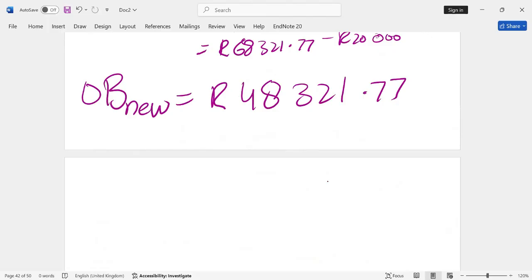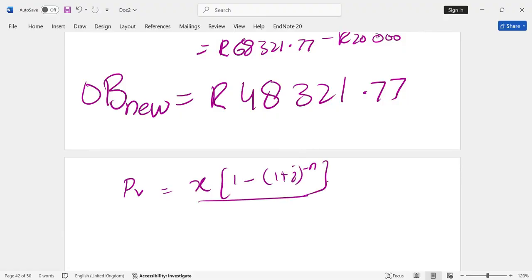What is the N? By using the formula PV equals X into 1 minus 1 plus i to the power minus N, divided by i, to find the new number of payments N required to pay off R 48,321.77 using the original installment of R 2,300.98.